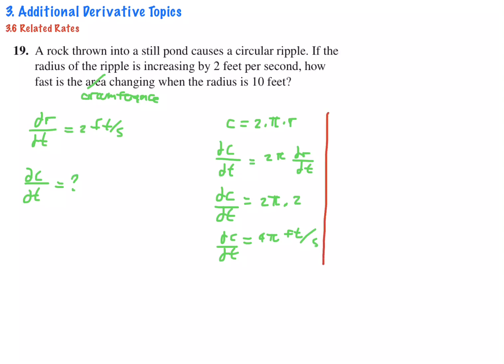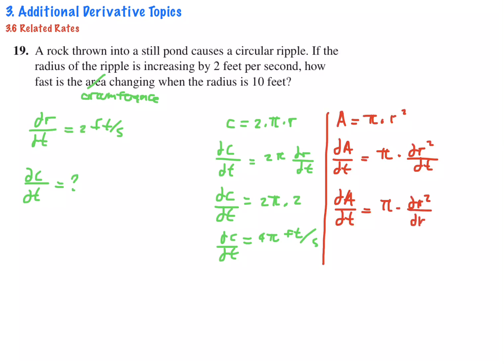Okay, so I'll put it over here, the area. The area is pi times r squared. So in that case, that will be dA over dt equals pi times d r squared over dt. So dA over dt equals pi times d r squared over dr times dr over dt.